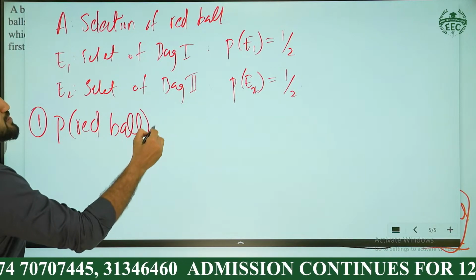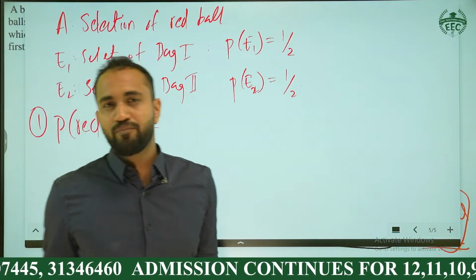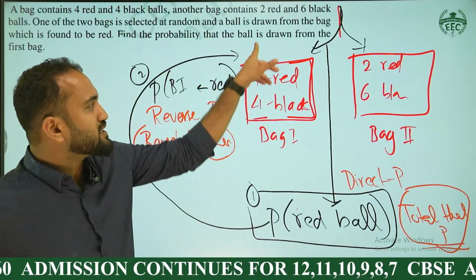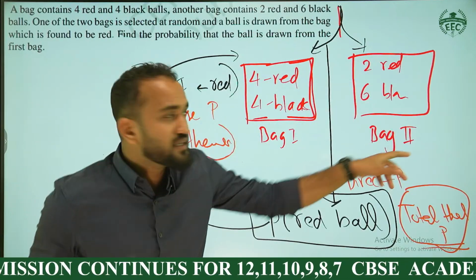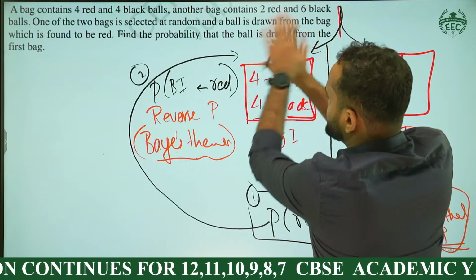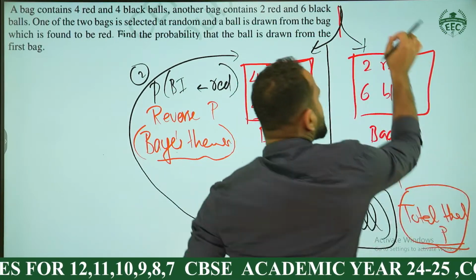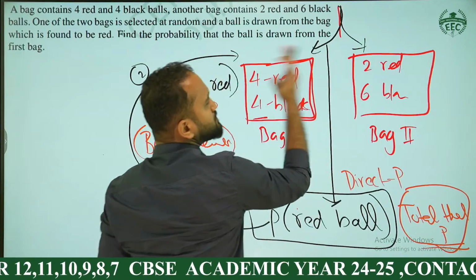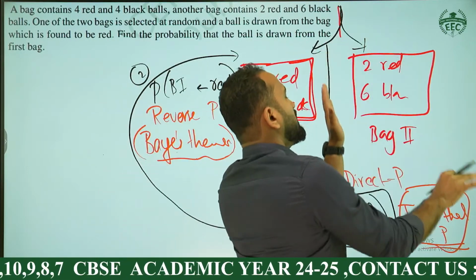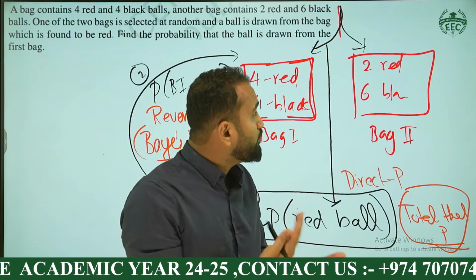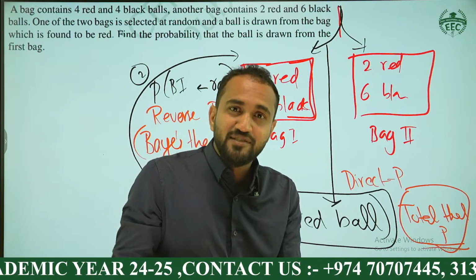P of A. Tell me what is the rule. Here you can see that the red ball is present in this bag and this bag. If this is the only bag given in this question, tell me what is the selection of a red ball. You will say it is 4 by 8. If this parameter is not given, only this part, what is the probability of selection of a red ball? 2 by 8. So the peculiarity here is that the red ball is present in both bags.